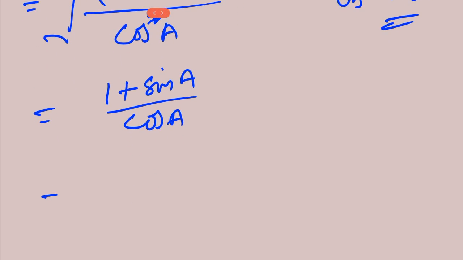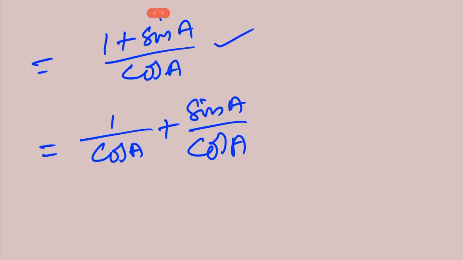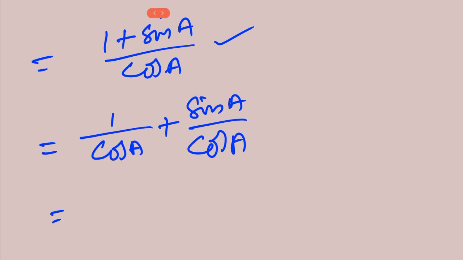But how do we get that? Here two terms are there. The given expression I can write in the form of 1 by cos a plus sin a by cos a. But we all know that 1 by cos a is equal to secant a, and sin a by cos a equal to tan a.